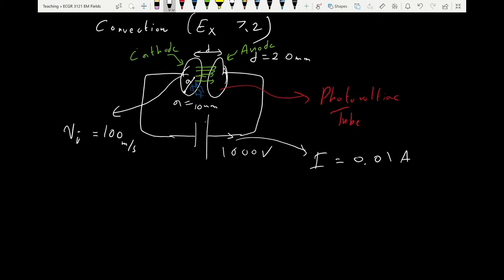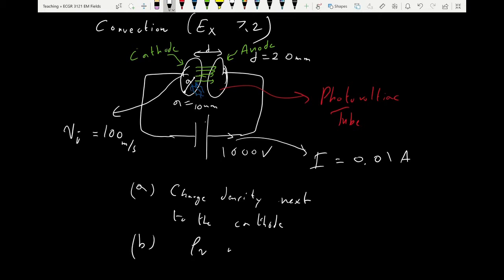So the problem asks you to find two things. A, the charge density just next to the cathode, and then B, charge density rho V next to the anode.